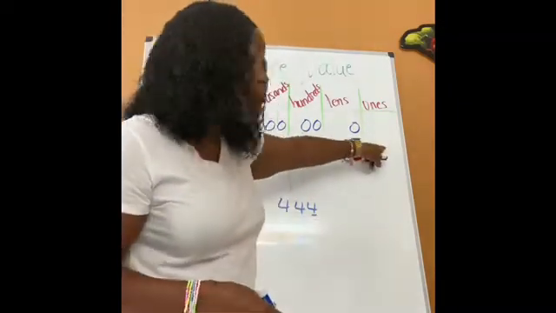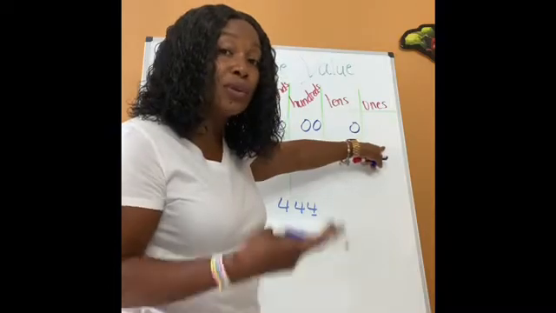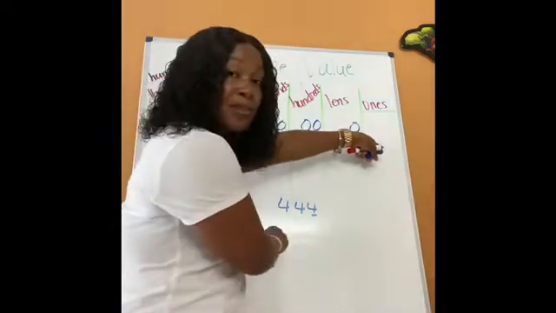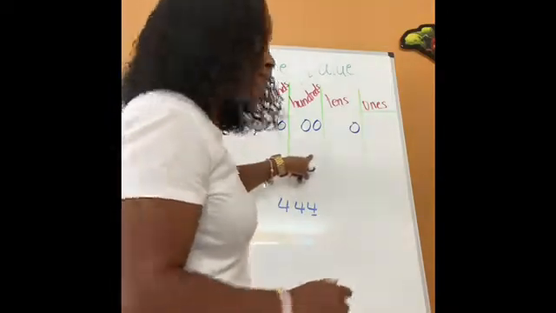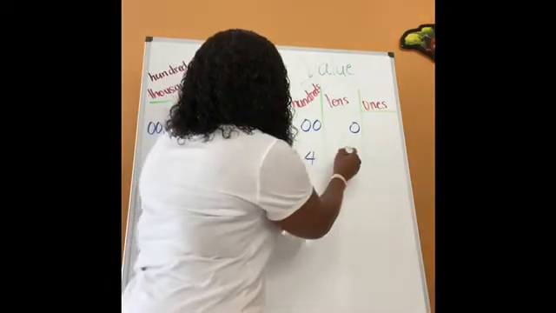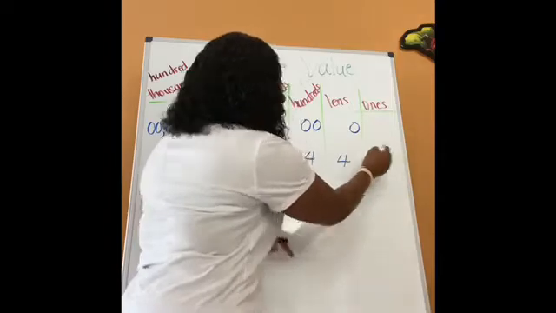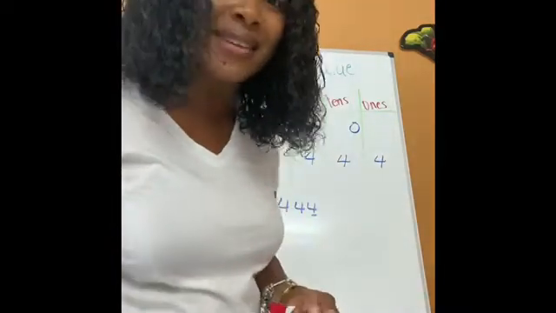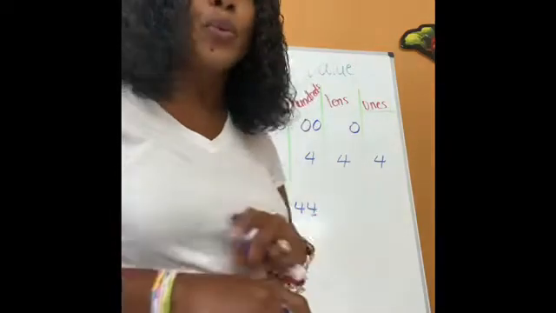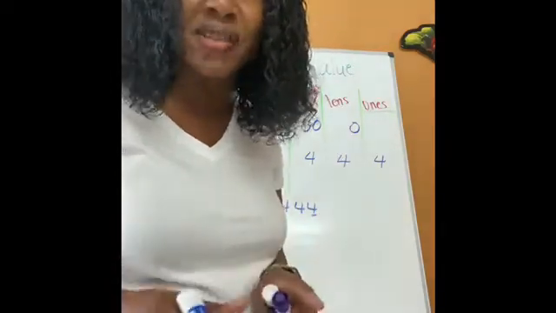So I start counting from the ones column and I'm counting 3 places because I have 3 digits. So 1, 2, 3. So 4, 4, 4. I use 444 for a reason, because I wanted a number with the same digits.